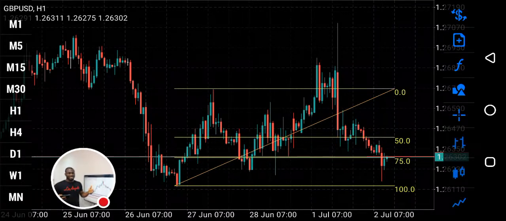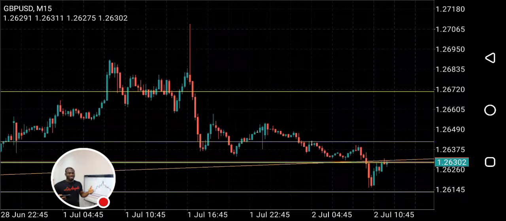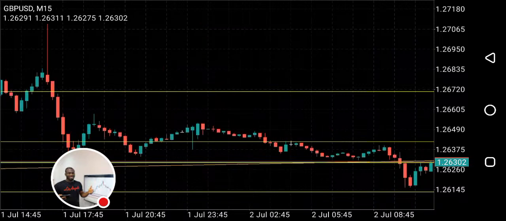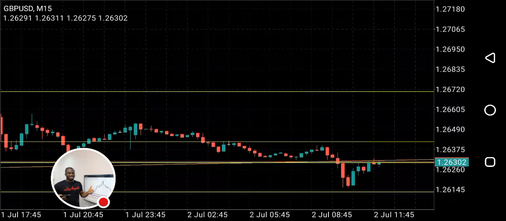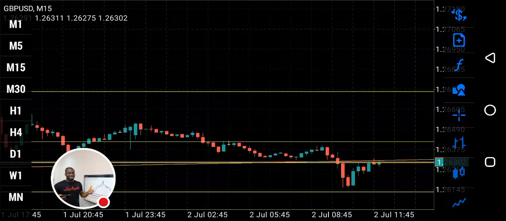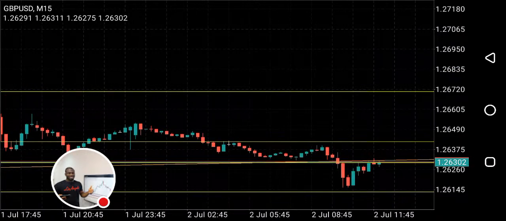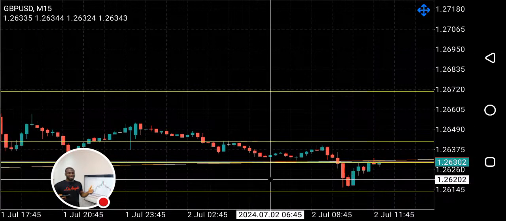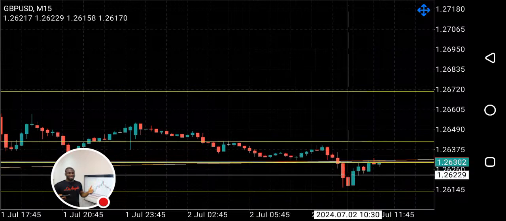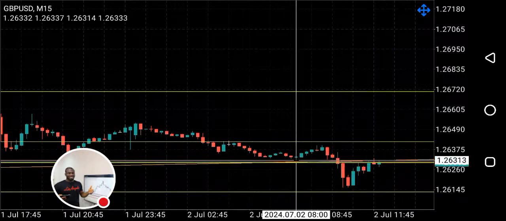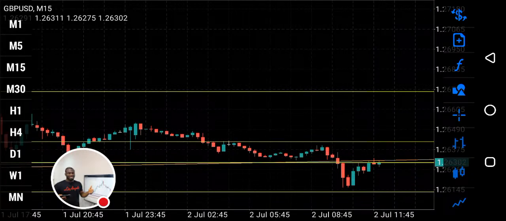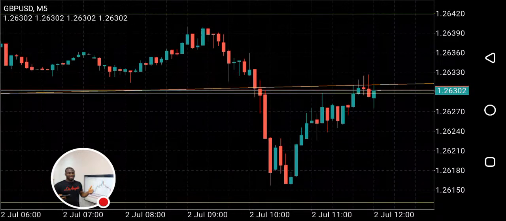Let's see what's happening on 15 minutes. On 15 minutes also, you can see this is a buy setup. We had a clear liquidity sweep. You can see this bearish move was to clear liquidity at this previous low, and after liquidity got cleared, let's see what's happening on 5 minutes. Liquidity has been cleared.